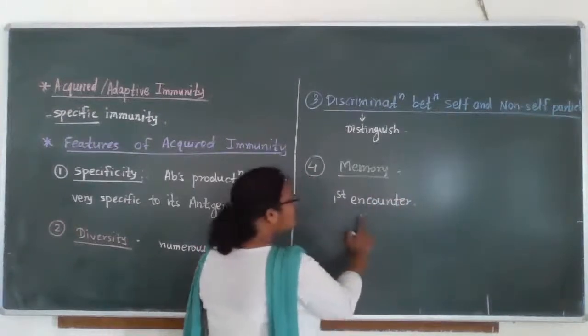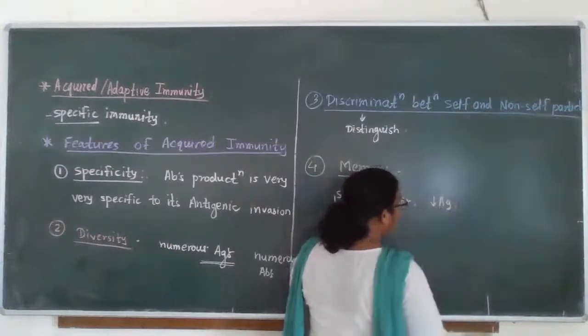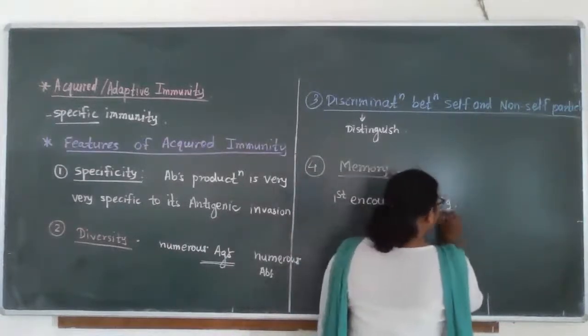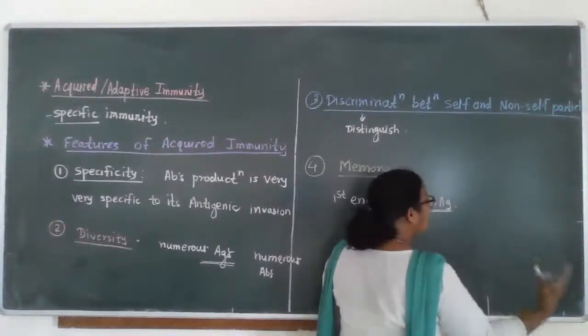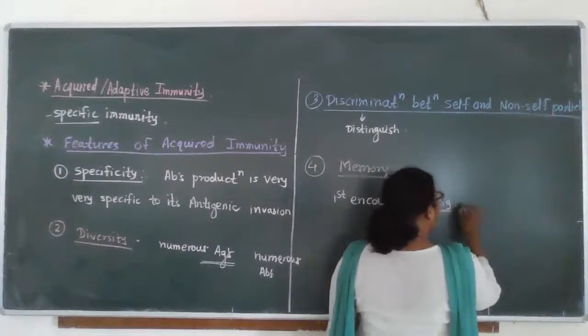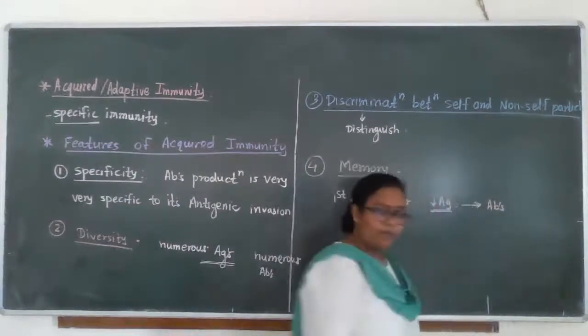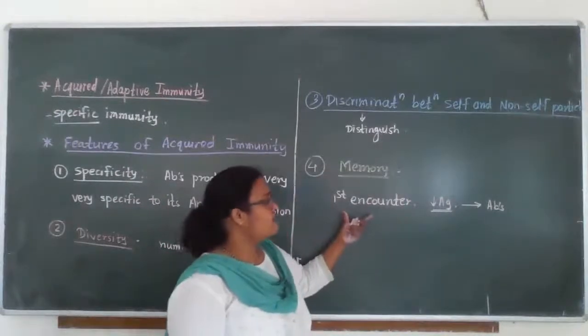During this first encounter, the amount of antigen is very, very less, but this antigen gets familiar with our body, and to respond to this antigen, our body produces antibodies. So this is the first encounter.